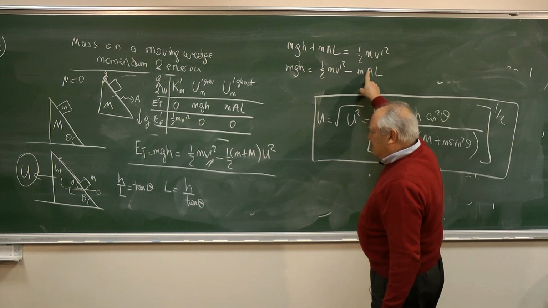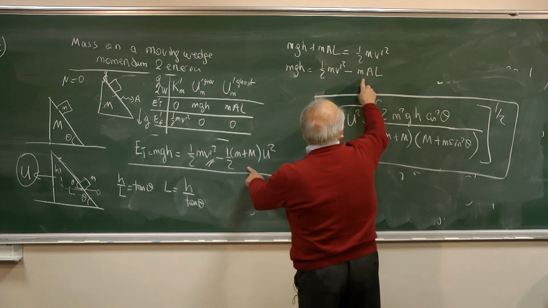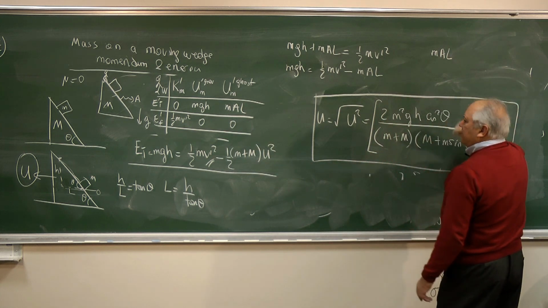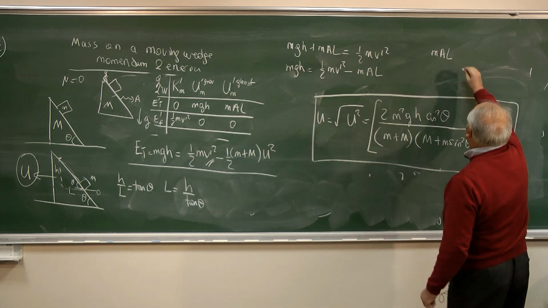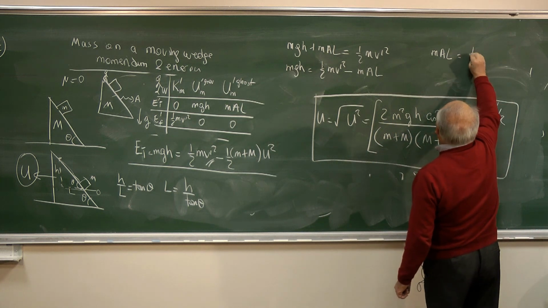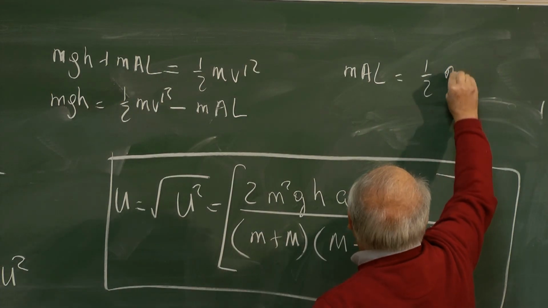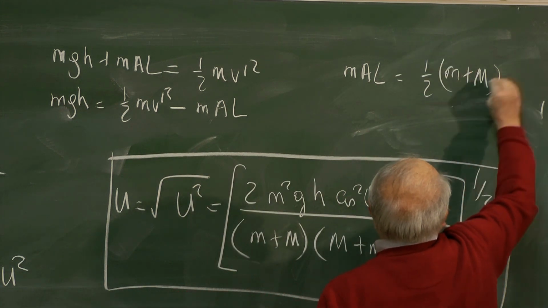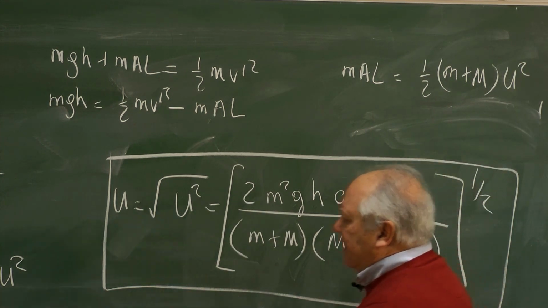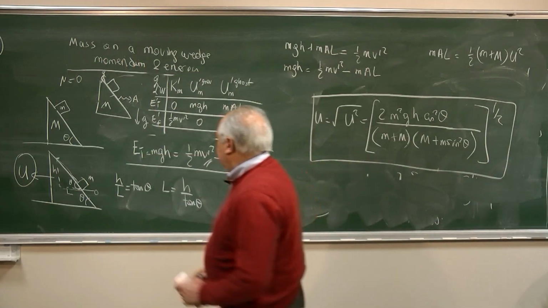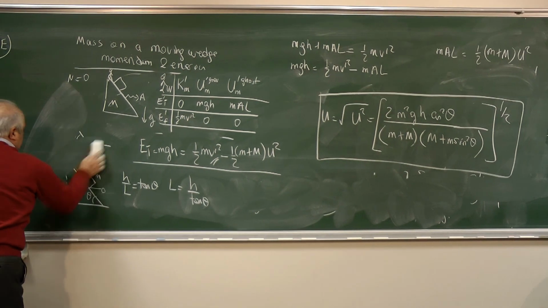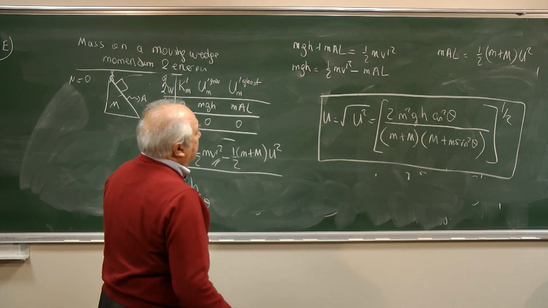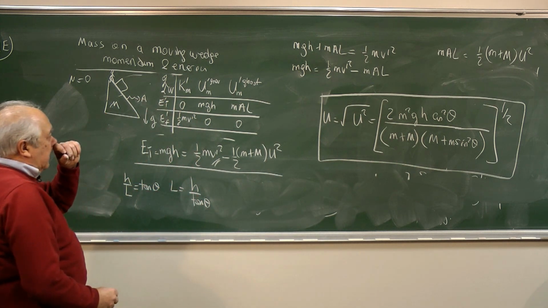Now, if we compare this equation with that, we find that mal, which, by the way, is the work done by the fictitious force, is equal to 1/2 m plus M from here, u square. Let us check that, I can erase the graphs now. Let us check that this agrees with our previous result.